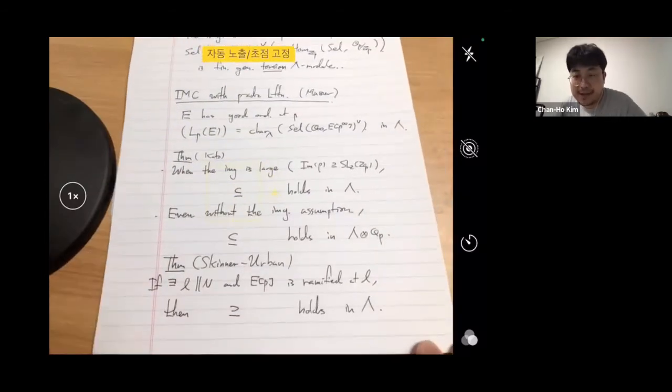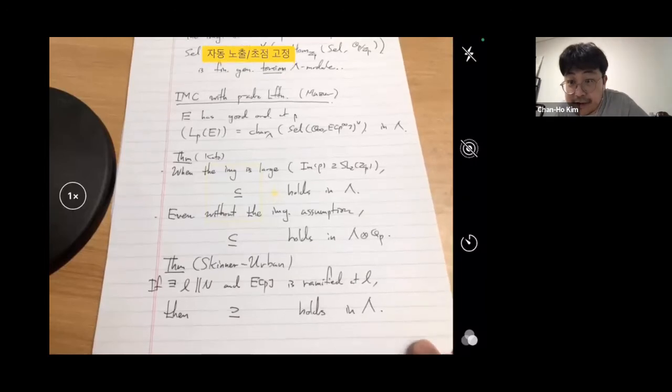Okay, so another question: is there some Fitting ideal version of this for more general extensions? Yes. For a general abelian extension, there are similar conjectures due to Mazur and Tate, the so-called Mazur-Tate conjectures.